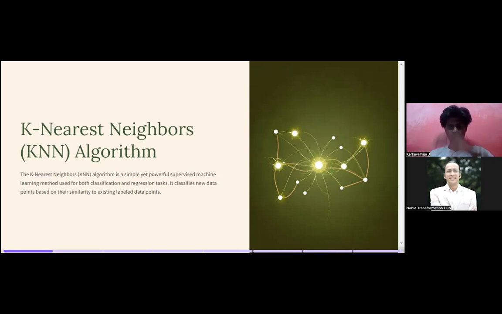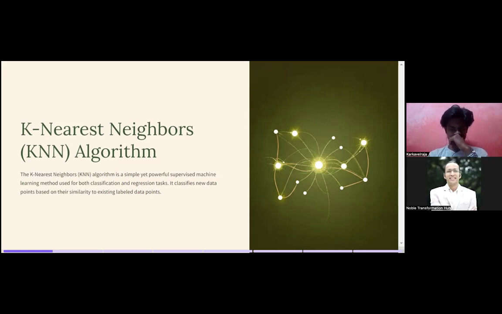A lot of times the algorithm name will not suggest what it is going to do, but most of the time it suggests something. K nearest neighbor KNN is a simple yet powerful supervised machine learning algorithm. You need to remember this part: supervised machine learning, used for both classification and regression tasks.